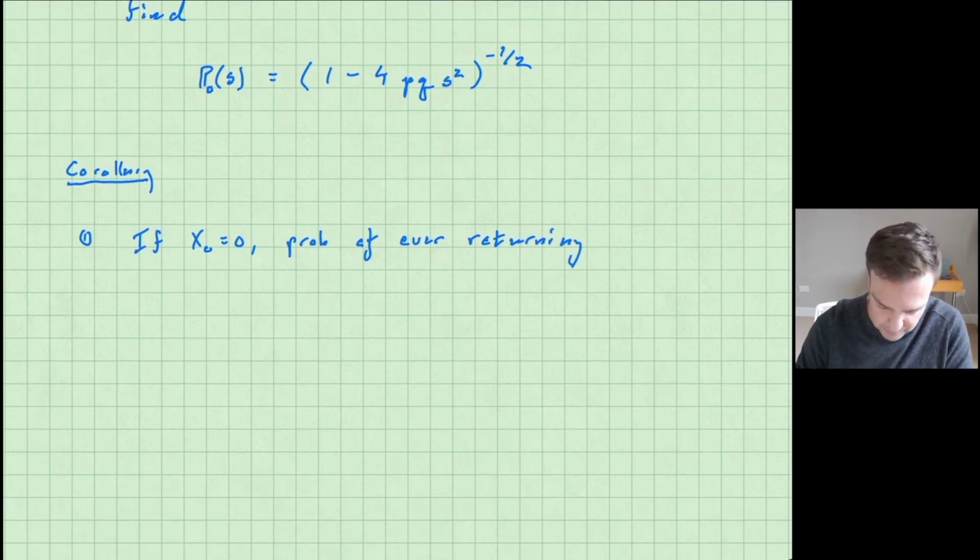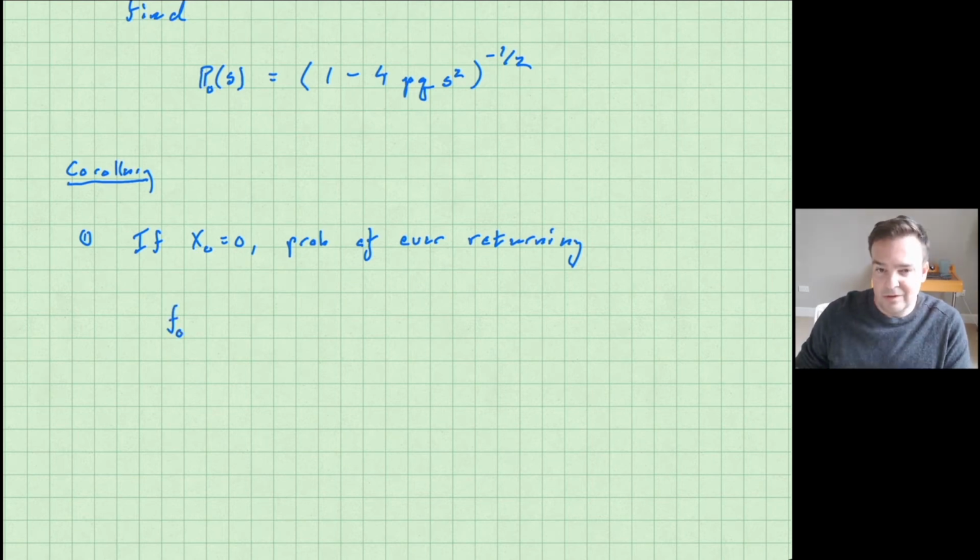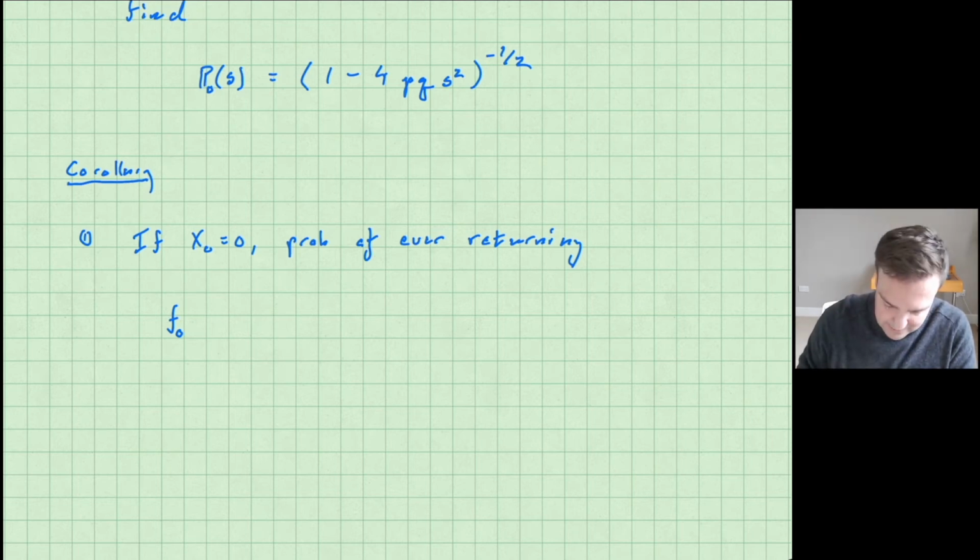We'll introduce the notation f sub 0. That's like what we were calling before f sub 0,0, I think. And that's just going to be a sum over all the probabilities of returning in any number of steps.